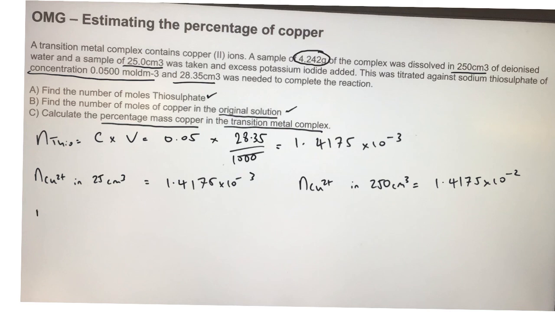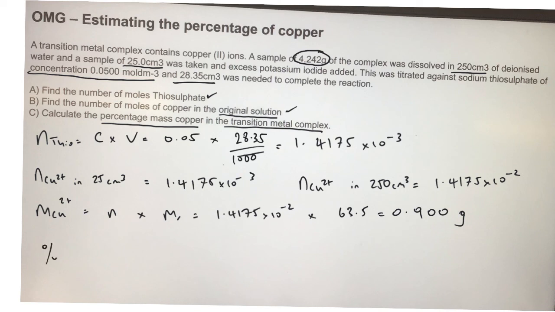So to do that, the mass of copper equals its number of moles times its Mr. So I'm going to take the 1.4175 times 10 to the minus 2, and times it by copper's Mr from the periodic table, which is 63.5. That's going to give me a total mass of 0.900 grams.